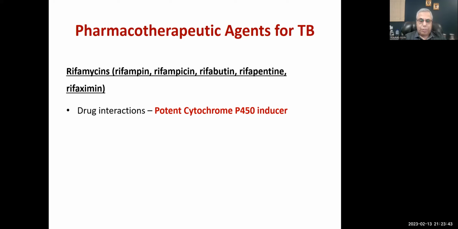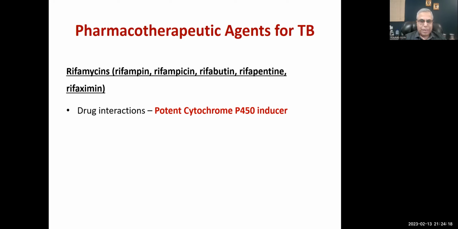Now we have a problem over here, and the problem is that in pregnancy, we advise the women, not in pregnancy, if the woman is in the reproductive age, we ask her not to get pregnant. And not to get pregnant if she is sexually active means she has to use contraceptives. And oral contraceptives are metabolized in the liver, and rifampin is a potent inducer of the P450 system.